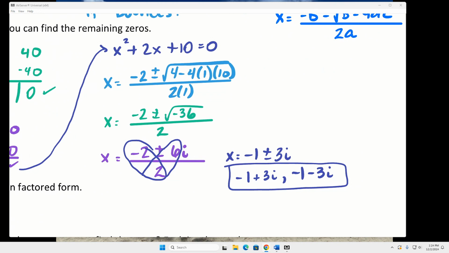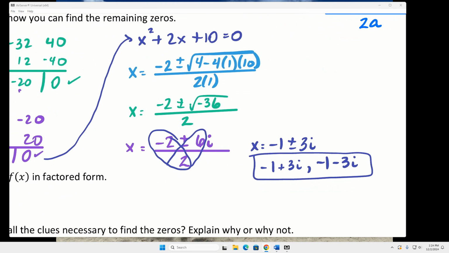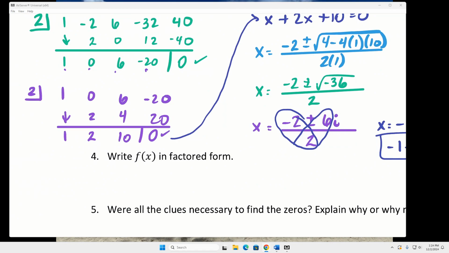All right, and then part 4, we want to write f in factored form. So 4 zeros means we're going to have 4 factors. Now 2 is a repeated factor, so there'll be x minus 2 and there'll be another x minus 2. Now if you wanted to, totally up to you, you could write that as x minus 2 squared.